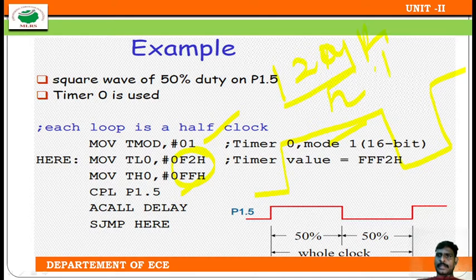Divided by 12, I get 1 megahertz. Divided by 2, that is 500 kilohertz and 500 kilohertz, on time and off time. So I need to calculate 1 by 500k plus 1 by 500k.